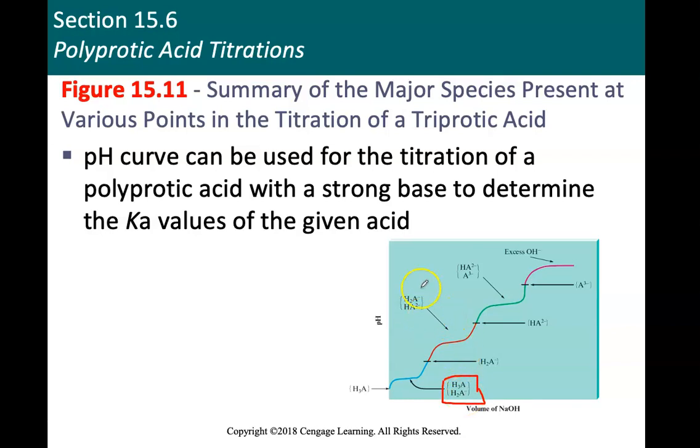So here you have the second dissociated form in equilibrium with the one that has 2 protons removed. And then in the third region, you have the third proton removed from the last proton.